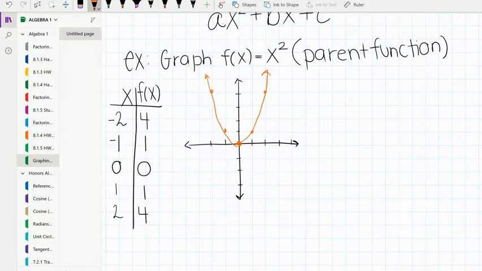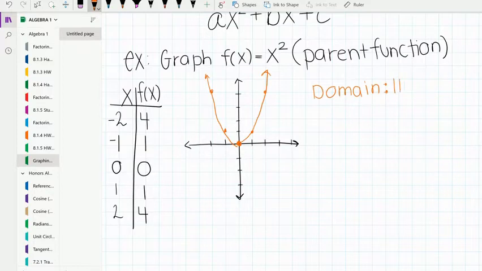We're going to answer a couple of things. First, let's talk about the domain. Remember, the domain is all possible input values, or x values. Looking at this graph, we can really put any x value into the function. It could be positive or negative. And as we look at the graph, it's going to go to the left and to the right forever.